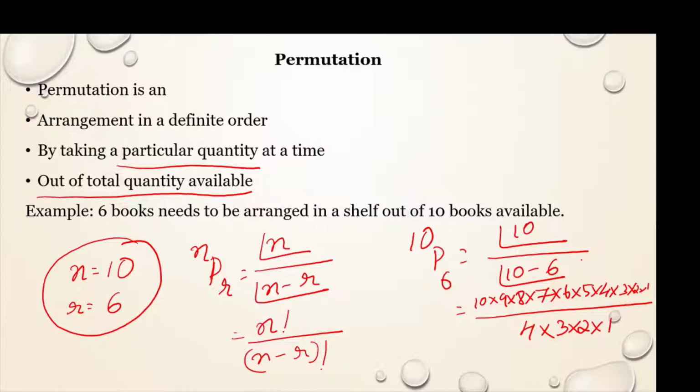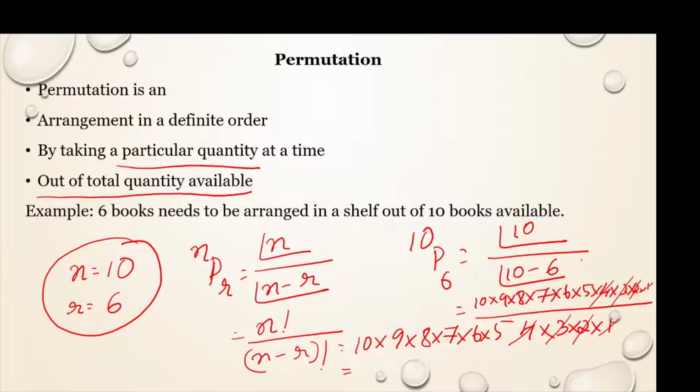Now you can cancel 4 into 3 into 2 into 1 in the numerator and denominator. That is 4 and 4 get cancelled, 3 and 3, 2 and 2, 1 and 1. What is remaining is 10 into 9 into 8 into 7 into 6 into 5.